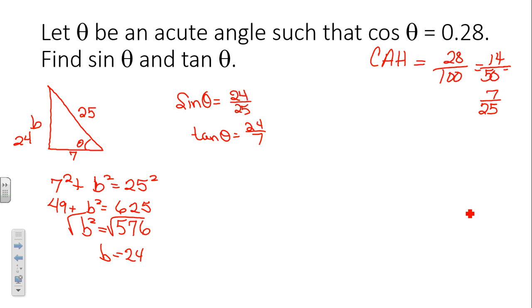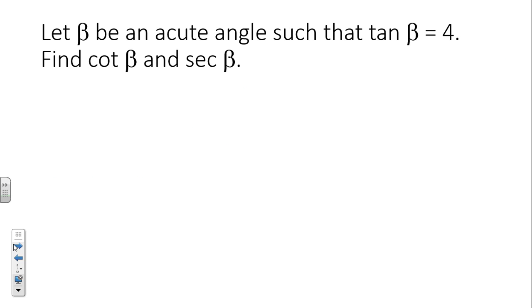So next example. We're going to let b be an acute angle such that the tangent of b is 4. It's actually a beta. Okay, so we had a theta before, we saw omega earlier, another one of those Greek and Latin alphabets. Okay, so this is our beta. And so someone said 4 what?